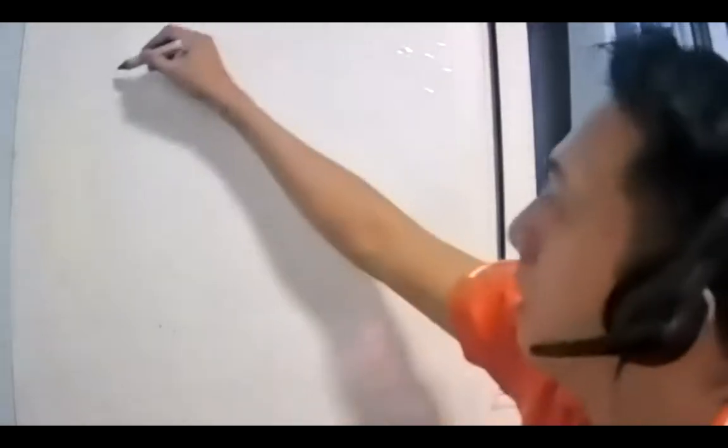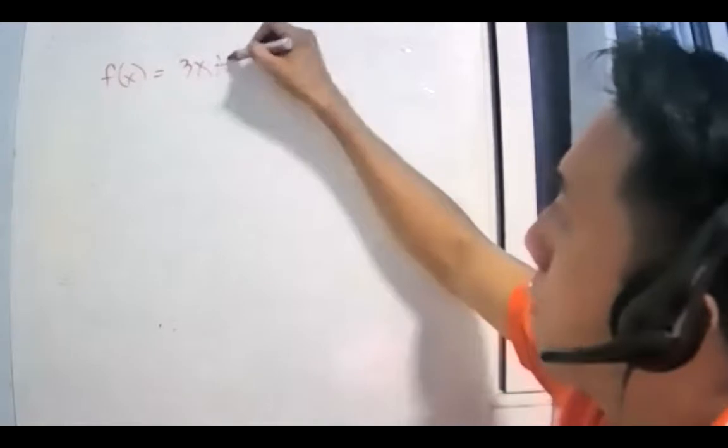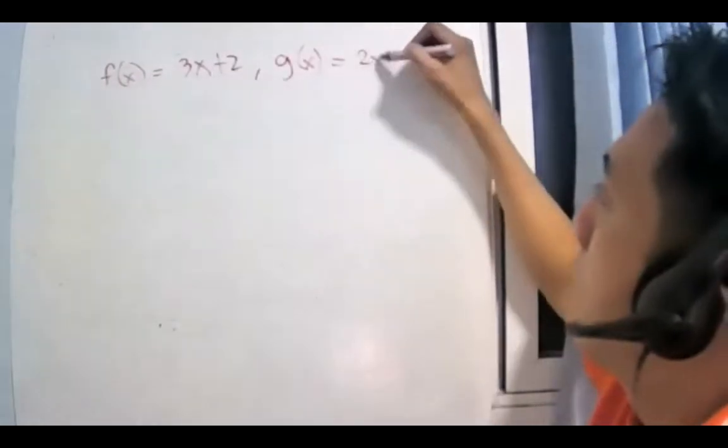For example, here, our given functions are f of x equals 3x plus 2, and g of x equals 2x minus 1.